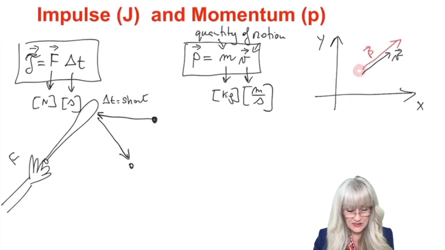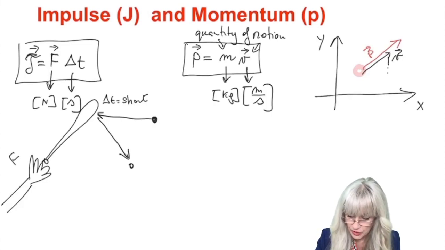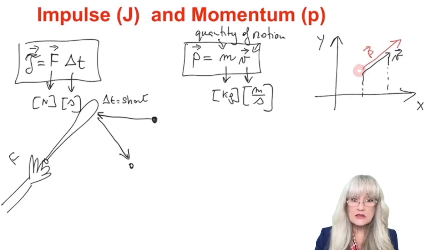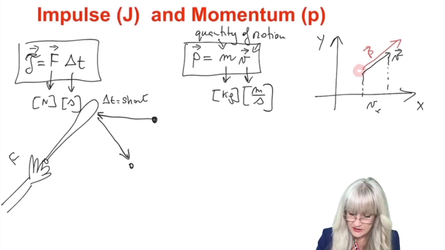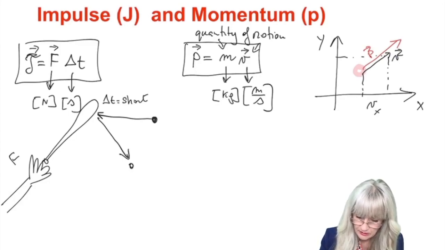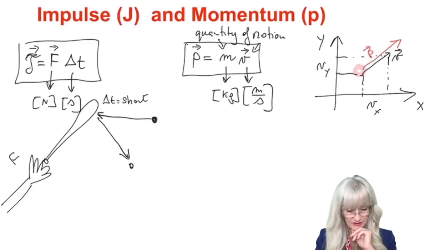In that case, you will have to do the components, right? So this will be the velocity x component, and this one will be the velocity y component.